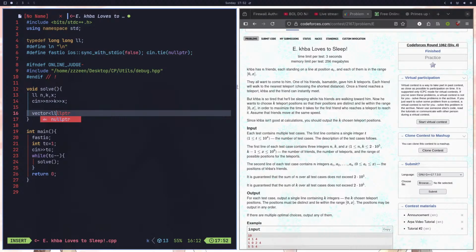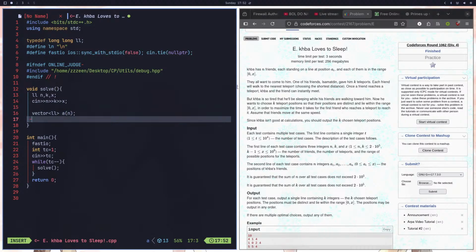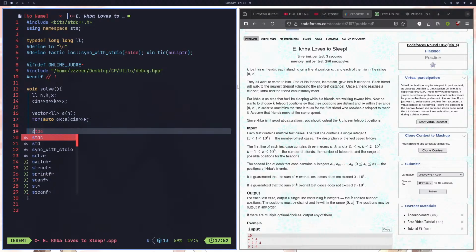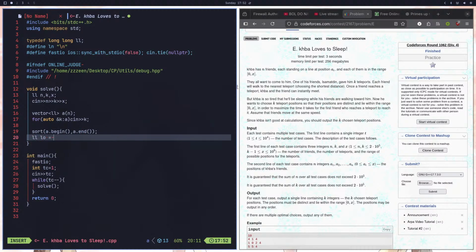Vector ll, for auto k in a set, k sort a dot begin comma a dot end, and then low equal to 0, high equal to x.